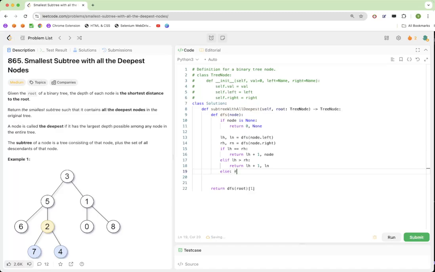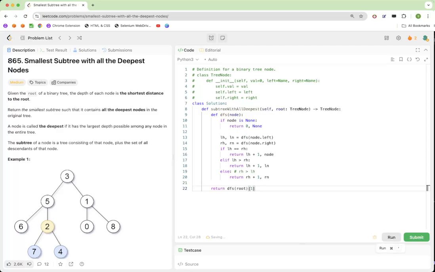Now, otherwise, if the right height is deeper, then we return the right height plus 1 and the right node. So we'll always return a tuple, which is some height and a node associated with that height. And then we ultimately want to return whichever node is associated with that deepest height.